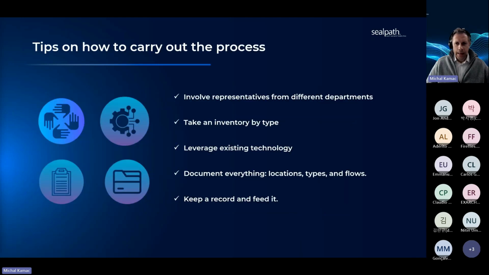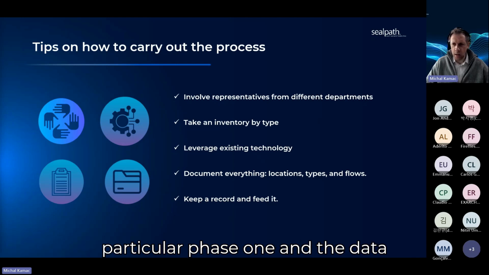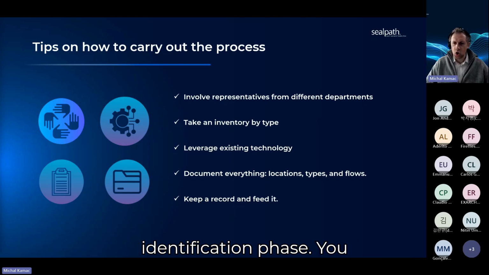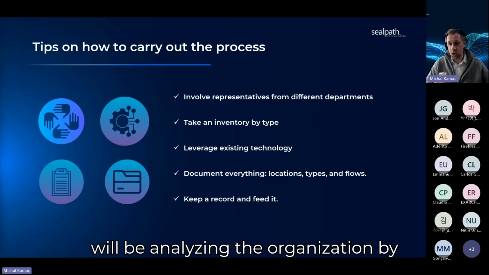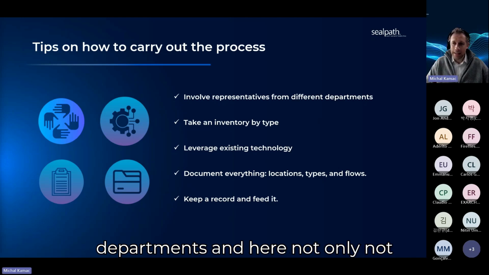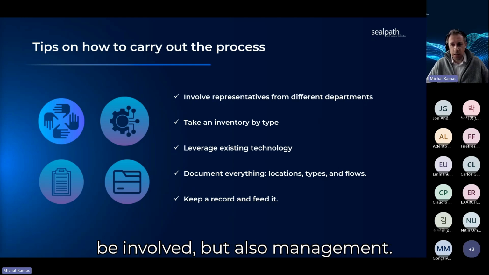So here are some tips for this particular phase one, the data identification phase. You need to involve all staff in a certain department, because we will be analyzing the organization by departments. And here, not just the operational staff would be involved, but also management.